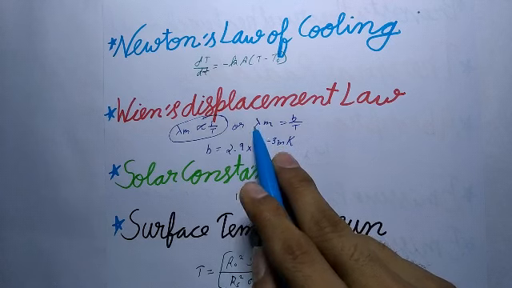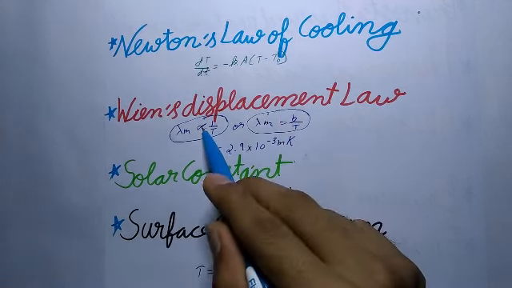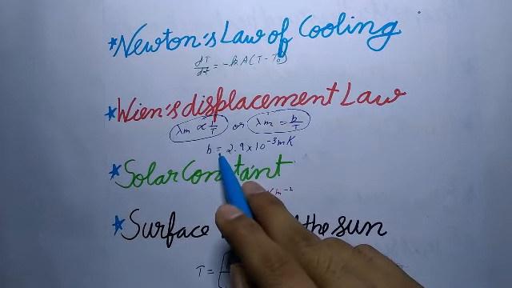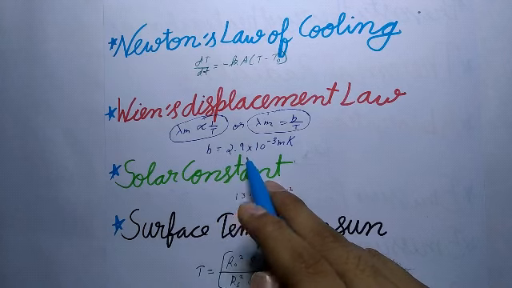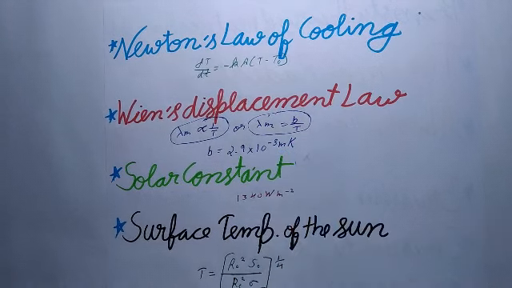Or we can write in this form. After removing the proportionality sign, we use a constant b, known as the constant of proportionality, also called Wien's constant. Its value is 2.9 into 10 to the power minus 3 meter Kelvin.